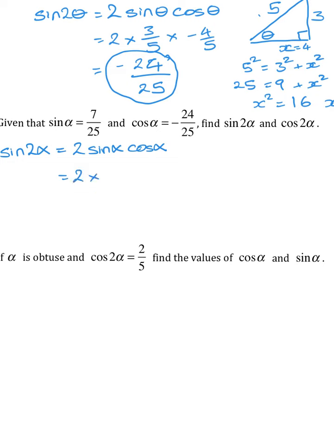We get 2 times 7 on 25 times negative 24 on 25, which, this one I'll need a calculator for. So we'll get 14 times negative 24 over 25 times 25, which I believe is 625. And 14 times negative 24.